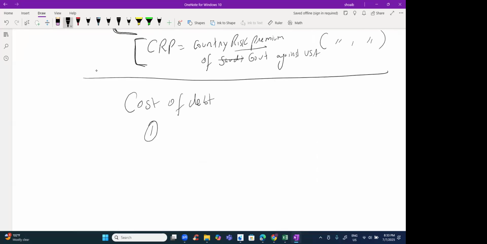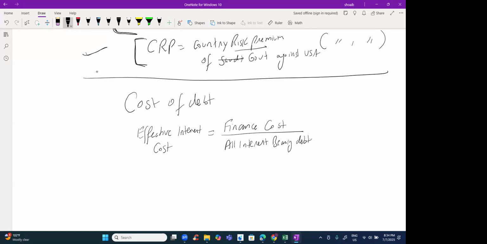Number one approach: go to the financial statement of the company, calculate the finance cost, and divide by all interest bearing debt. This would be the effective interest cost. You can use this approach for companies even in your home country as well. This is number one approach.